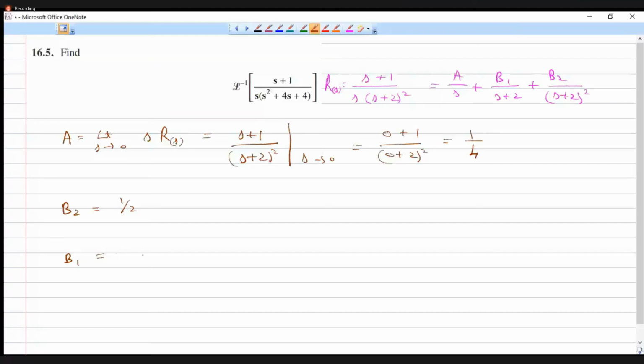This is equal to minus 1 by 4. So tell me the Laplace inverse. Now I can write R of s is equal to 1 by 4 divided by s plus 1 by 2 divided by (s plus 2) minus 1 by 4 divided by (s plus 2) the whole square.